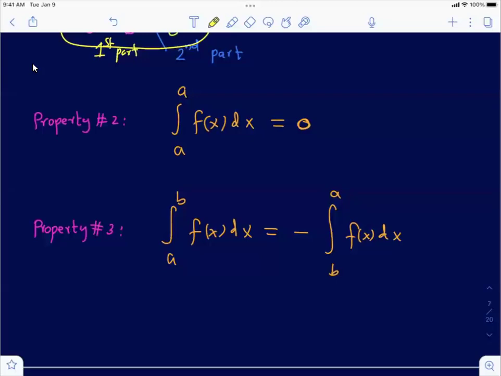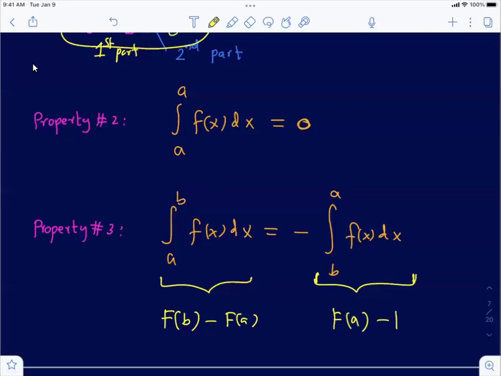Why does this work? Think about this. If you computed this, you're going to get F(b) minus F(a), right? That's the fundamental theorem. However, if you computed this one, you're going to get F(a) minus F(b) instead, because the top bound is a.